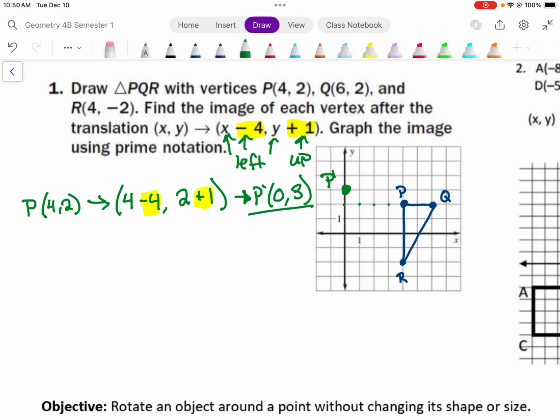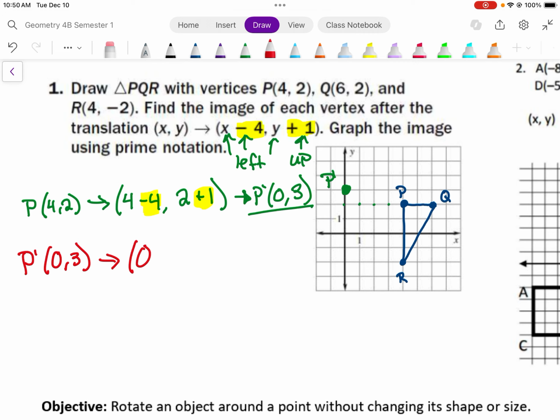And you can again do this for all of your points, or you can use the graph. Sometimes you won't have a graph and you'll need to plug it in. So this one, we're looking for the image, we follow the rule. If we were looking for the pre-image, so if we started at P prime of 0, 3, and they asked us to find P, we would do the opposite of the rule.